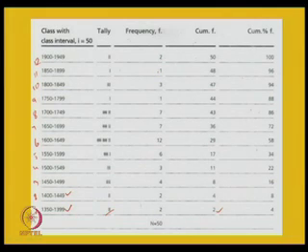So, total 4 will be below this. This is called the cumulative frequency, by adding one after another. Like that, the total 50 will be below this.